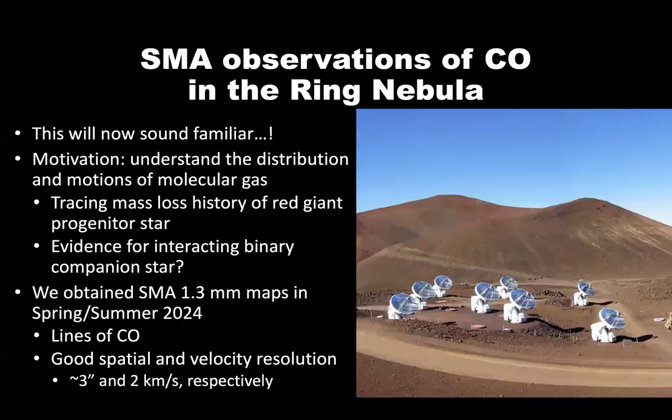About a year after we got the Southern Ring data, we got the data for the Ring Nebula. The SMA project liked this so much when they saw our first few images, and we were going, wow, there's a lot of structure in there, that they gave us extra time and we could use the SMA in its more extended configuration to get higher resolution images down to about 3 arc seconds in resolution.